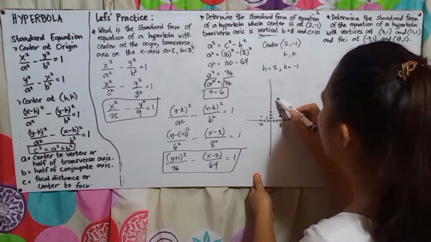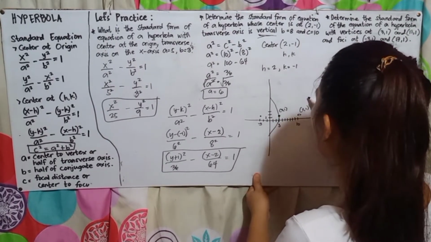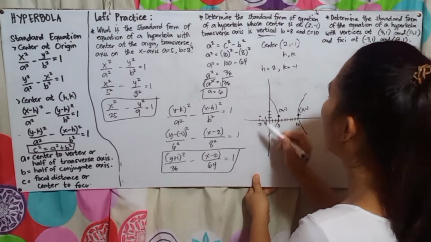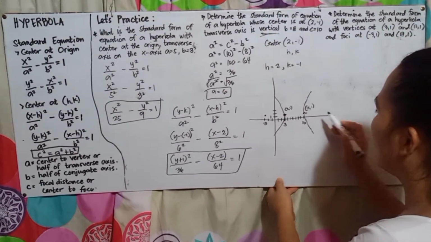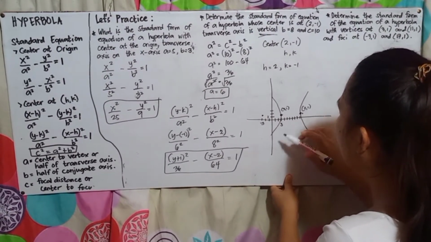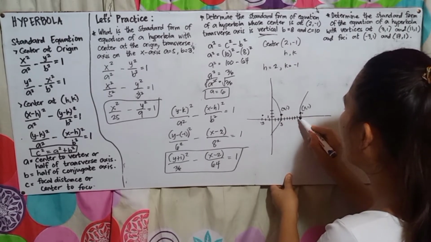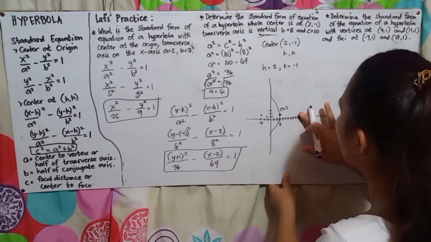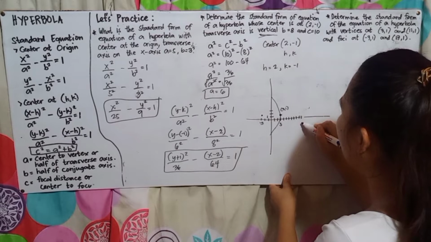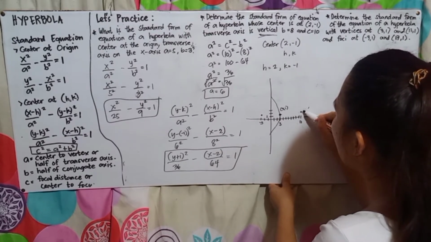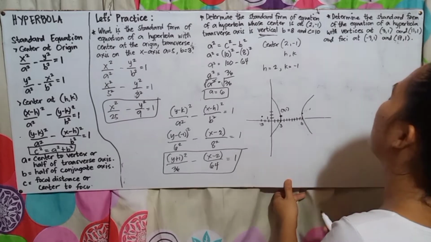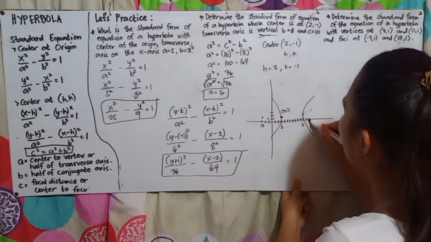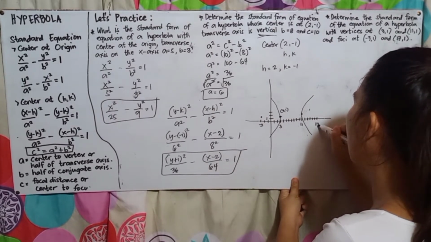So, how will our graph look? Here is the vertex, and the focus is at (17, 1). Counting 3, 4, 5 up to 11, and then 11, 12, 13, 14, 15, 16, 17.